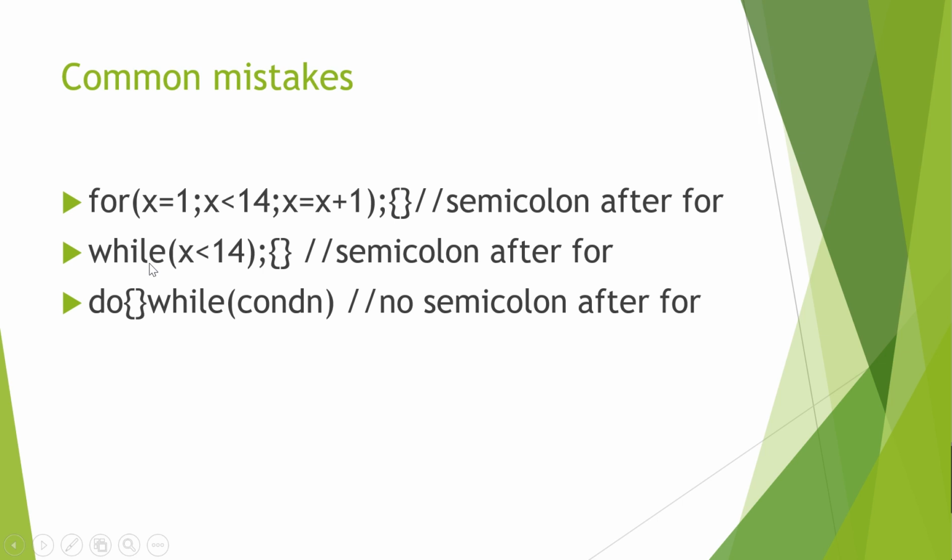Common mistake. While we terminated the loop, if we terminated the loop, we will not get into the statements in curly braces. Now in this, after do while statement, we need a semicolon here. If we do not write the semicolon, this do while loop will throw an error.